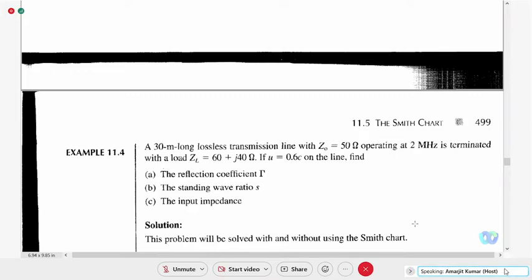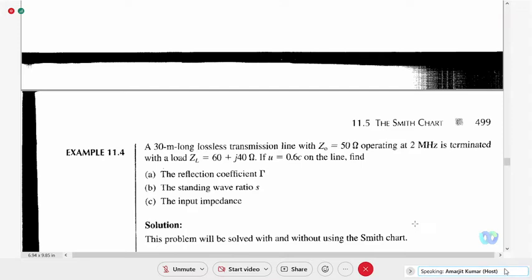Theoretically, we have seen how to solve this using the Smith chart. So first, you calculate the normalized load impedance. That will be basically 60 plus j40 divided by 50, which is 1.2 plus j0.8. Resistance circle R is equal to 1.2, reactance circle X is equal to 0.8.